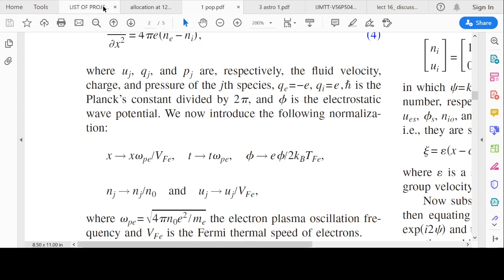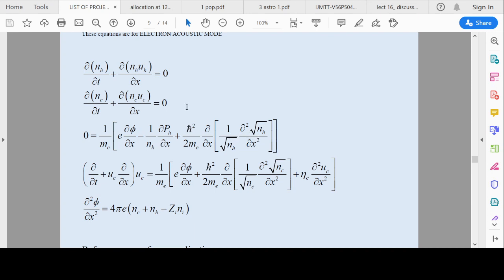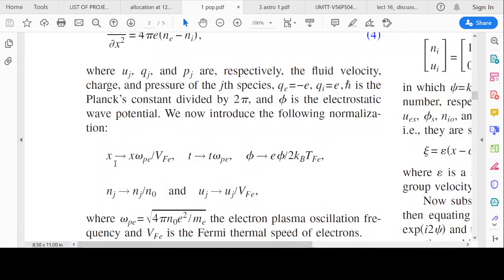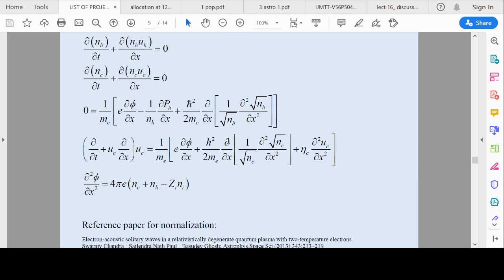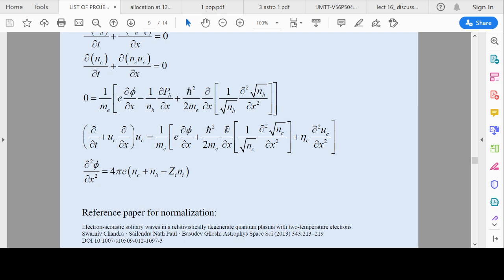So whenever you get quantum terms, then throughout your paper I would suggest you take this kind of normalization, because that makes your problem very easy. Whenever you are talking about something in the quantum range, and you normalize it with a classical velocity or classical potential, or temperature, then it won't be suitable, because you have to have a set of equations where such a normalization is valid.